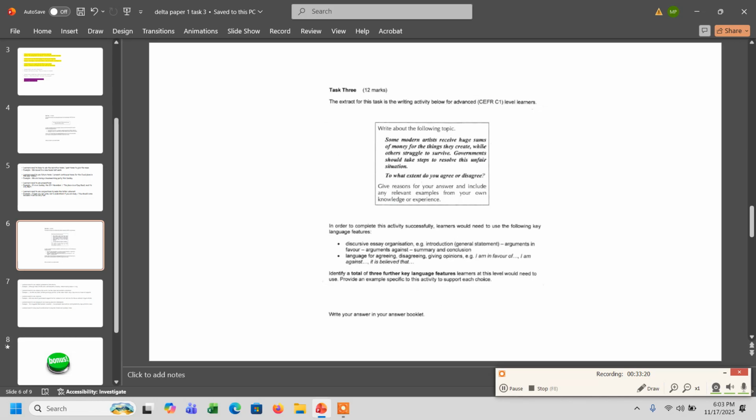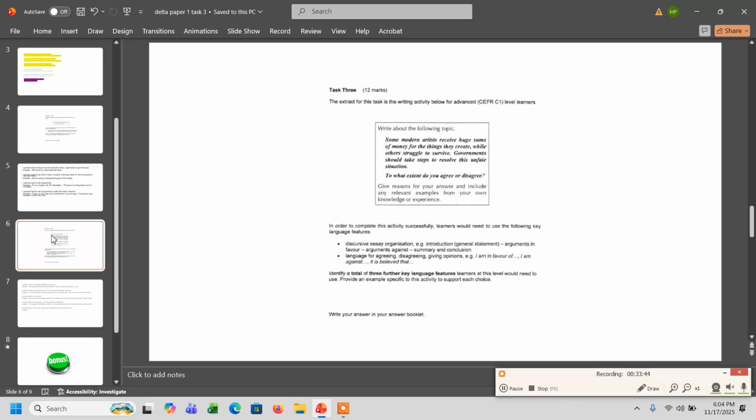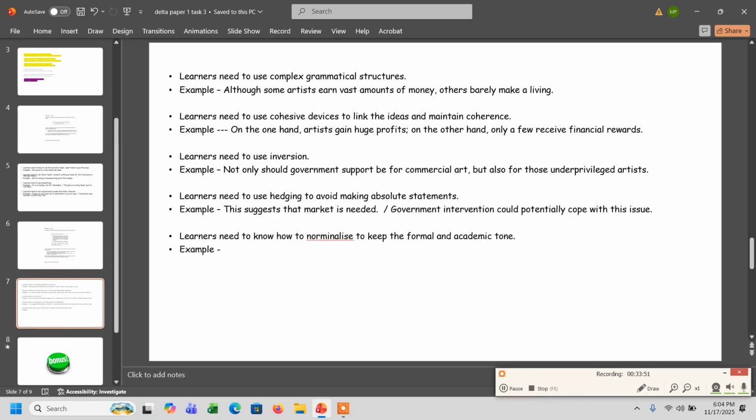As a C1 level learner, okay, nominalize, yeah, it's correct, right? Okay, example, like if I were the candidate, I would say, yeah, government intervention, right?